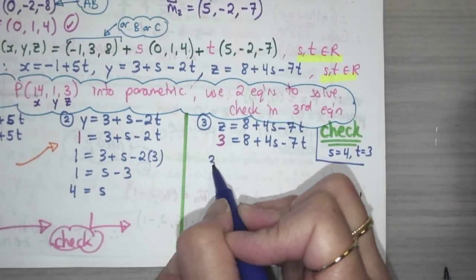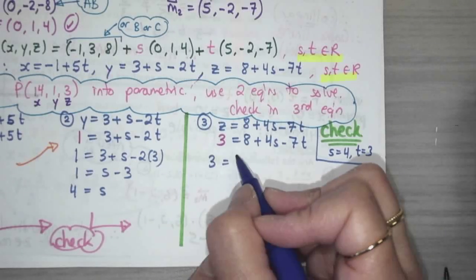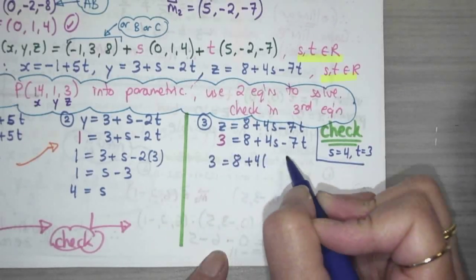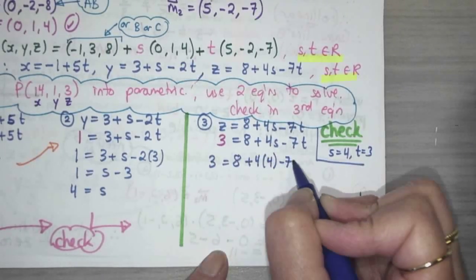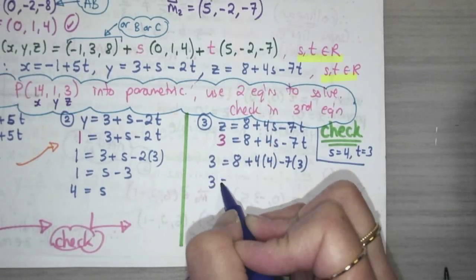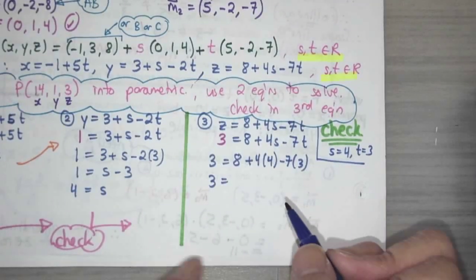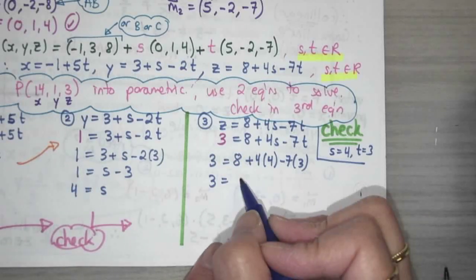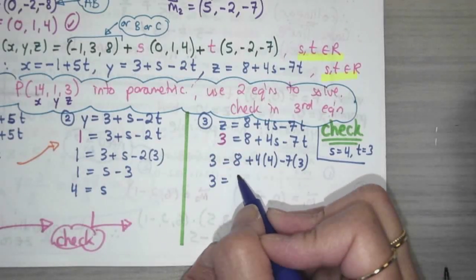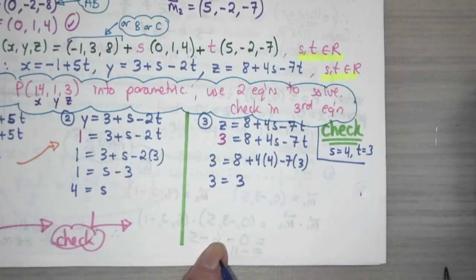And we're going to get 3 equals, and I'll let you put it right into the whole thing. So 8 plus 4 times 4 minus 7 times 3. Does 3 equal 8 plus 16 minus 21? Plus 16 minus 21, that is 3, right? So 3 equals 3, so we're good to go.